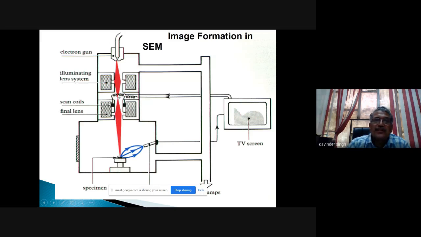In SEM, you have the electron gun here, and then you are controlling with the lenses, meaning all the electromagnetic lenses, and at the end you have simply the scan coil. It is also a type of coil where we can change the current and control the spot which is falling on the sample.